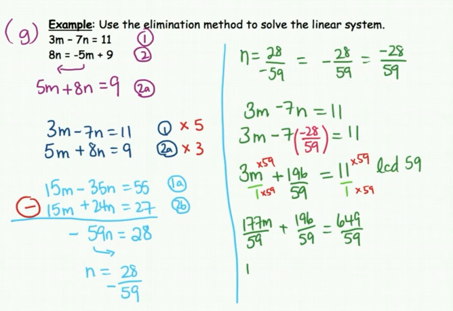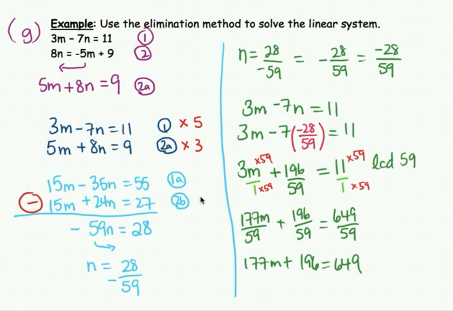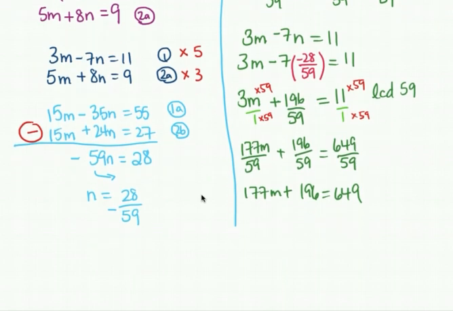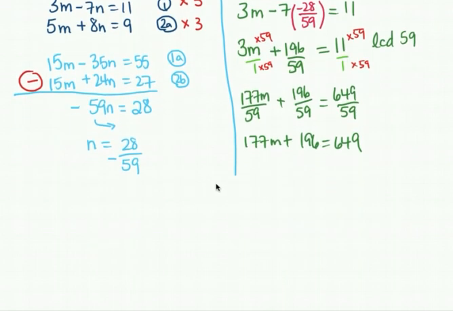So the next step is to drop that common denominator. Okay, so that eliminated the fraction. Let's give myself a bit more space here. And now you're just going through and solving.